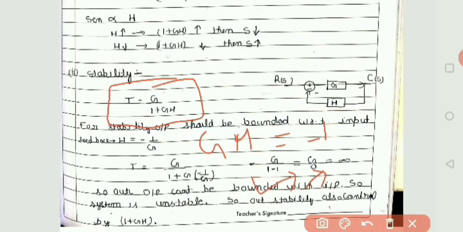It means your output is not in your control because T is infinity. That's why you need to take care of stability.